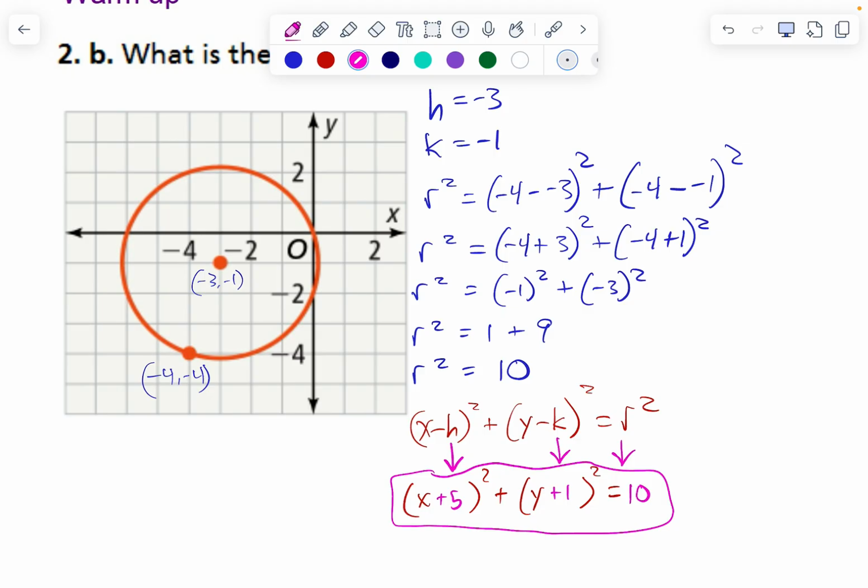Are you guys lost or just not saying? I need to know. What is the radius for this particular circle?